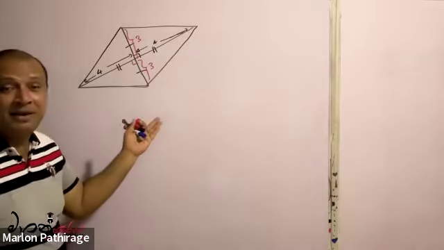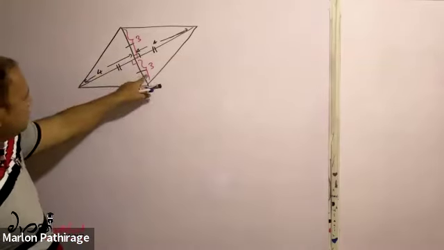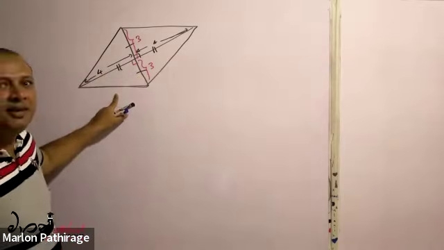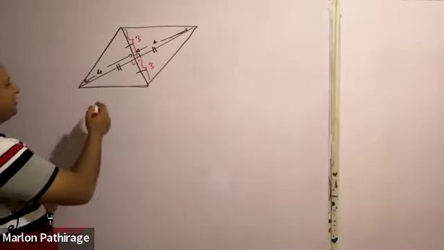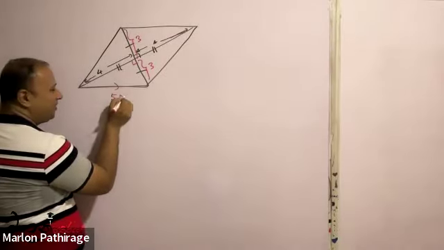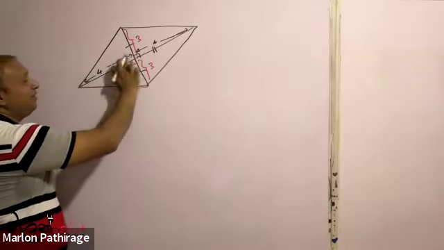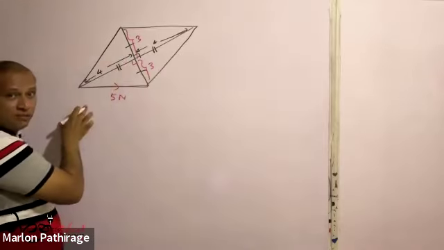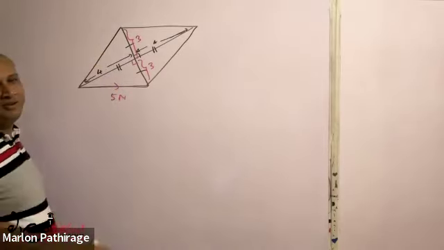If this one is 4, if this one is 3, this one should be 5, because this is a right angle triangle. In that right angle triangle, this side is 4, this side is 3. Therefore, this one should be 5.